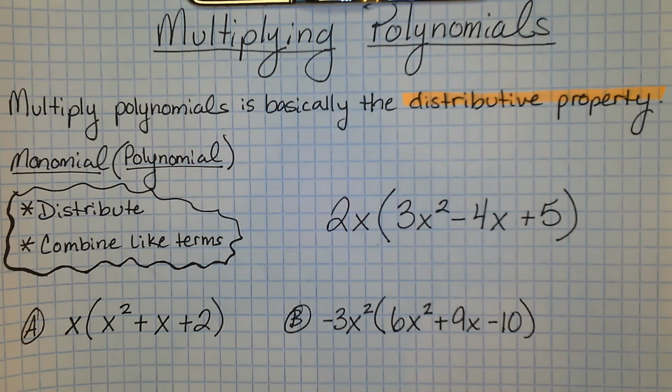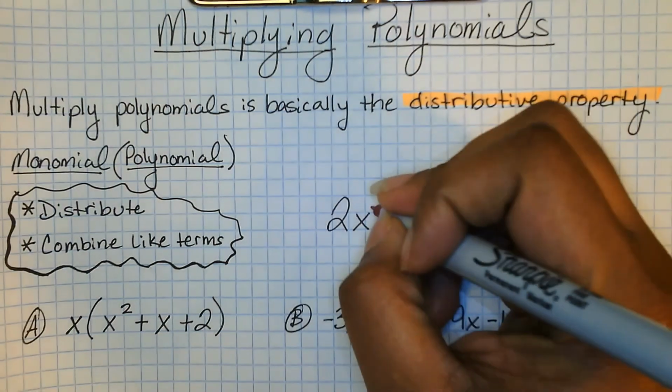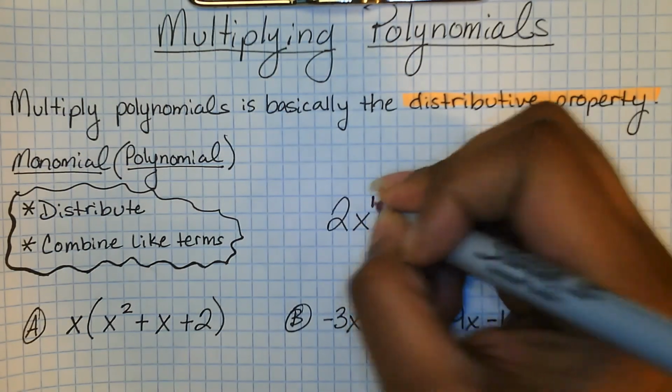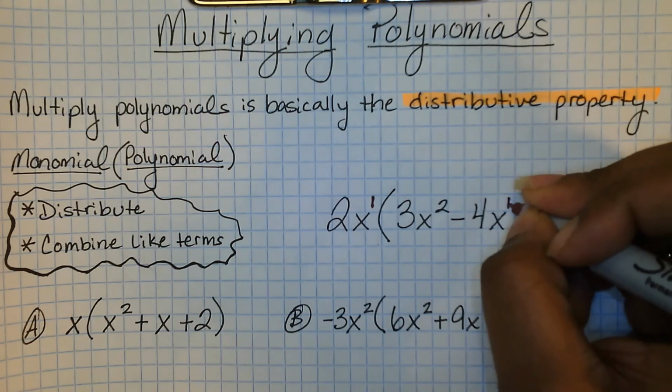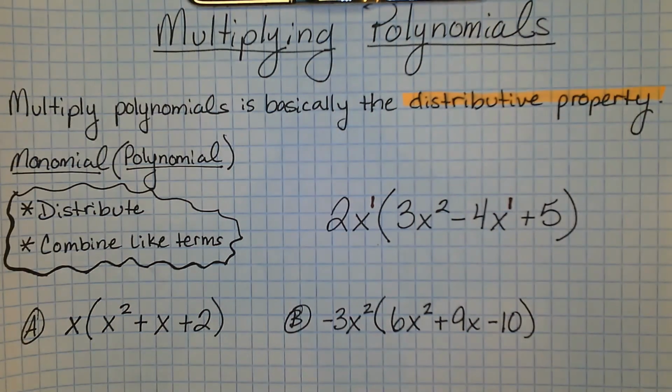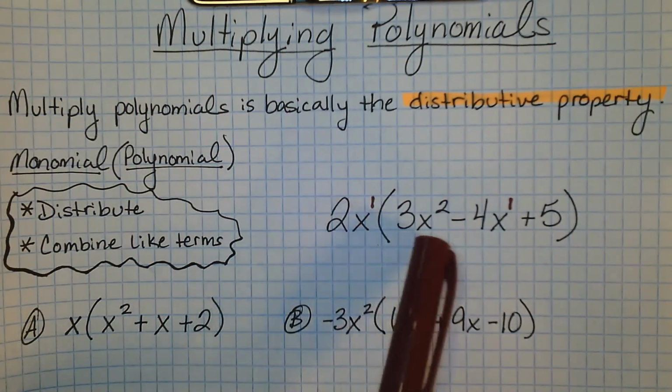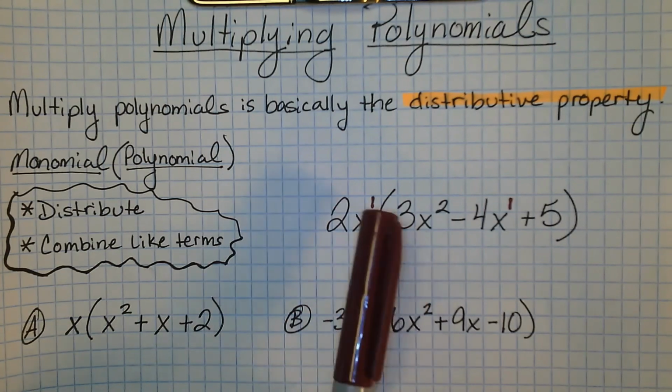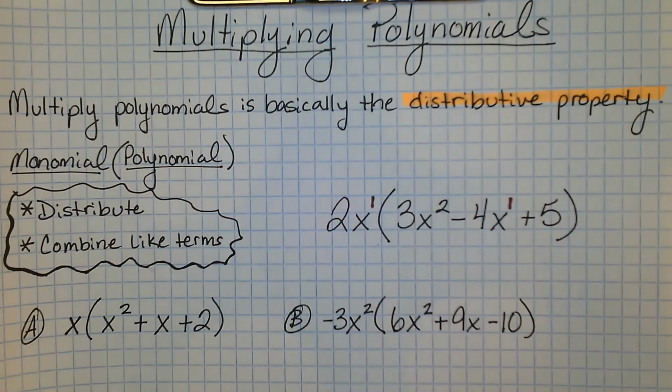There are just a few things you need to remember. Number one, if you see just a variable with no exponent, you need to remember that it is a 1. And when we multiply like bases, meaning both of these have x as the base, we add their exponents.